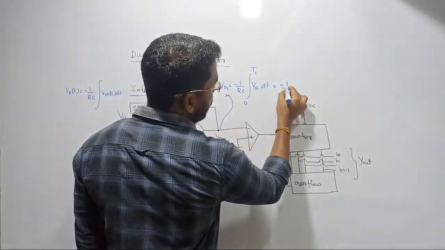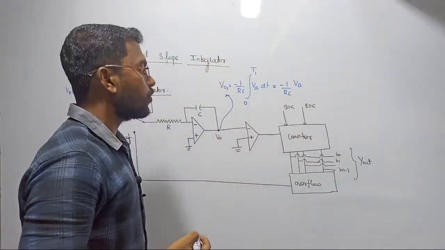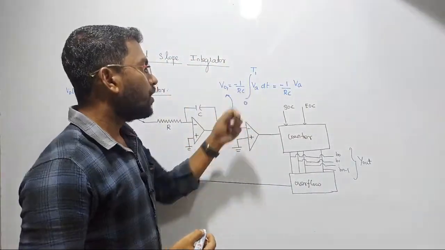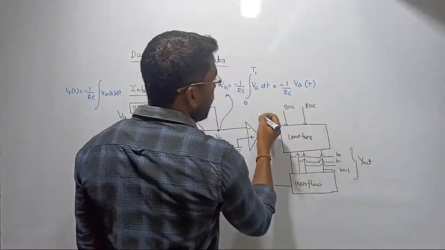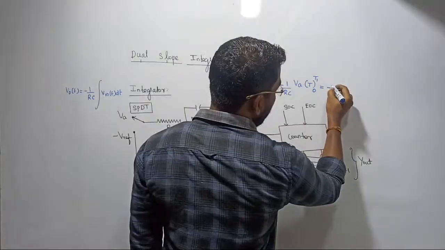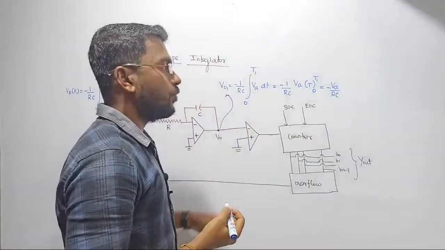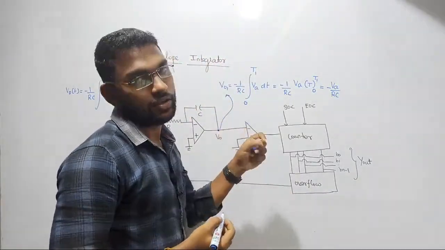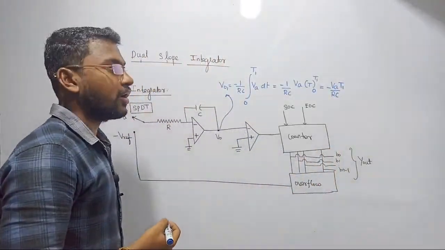So this is minus 1 upon R into C. And you can take the analog voltage outside, because we are doing integration with respect to dt, right? If you are doing this integration, then dt will become t, and limits are going from 0 to T1, such that its output will become minus analog voltage VA upon R into C. Upper limit is T1, lower limit is 0. T1 minus 0 will be T1 only, right? So its output is going to be minus VA times T1 upon RC.